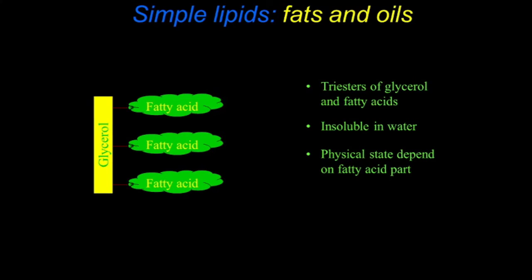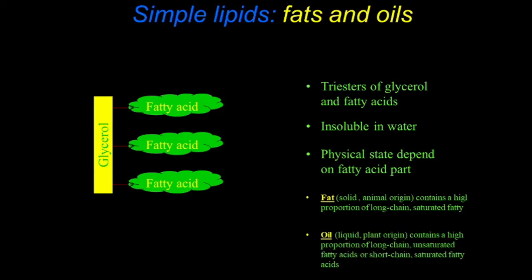Physical properties of triglycerides depend on the fatty acid part, in most cases on its degree of unsaturation. The physical properties of fatty acids are carried over to the physical properties of the triglycerides. Solid animal fats contain mainly saturated fatty acids, whereas vegetable oils contain a high amount of unsaturated fatty acids.